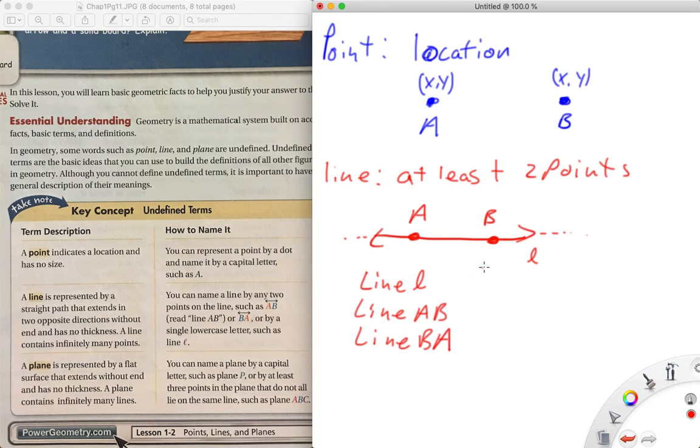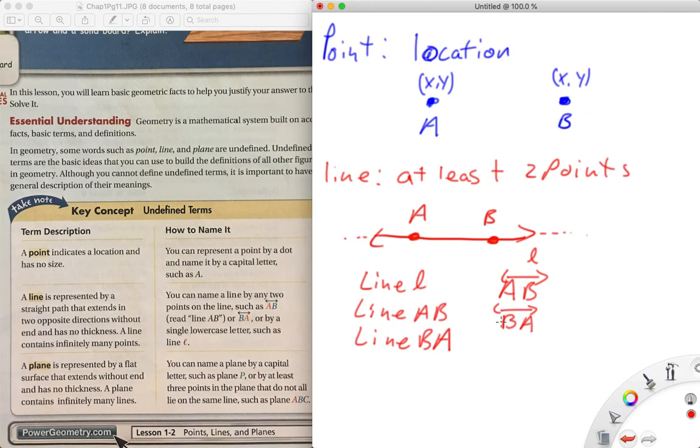What most people will probably do is call it line AB like this. You write uppercase A and B, and you put the symbol of the line on top. You have to put the arrows, otherwise it's going to denote something else. So you do have to put the arrows on top. You can also put BA with the line symbol on top with the arrows. Those are the primary ways to label a line.